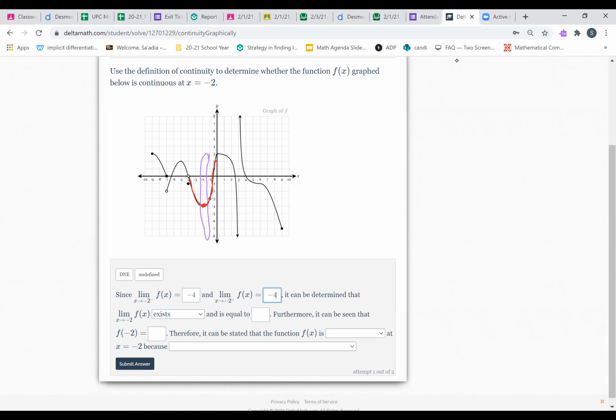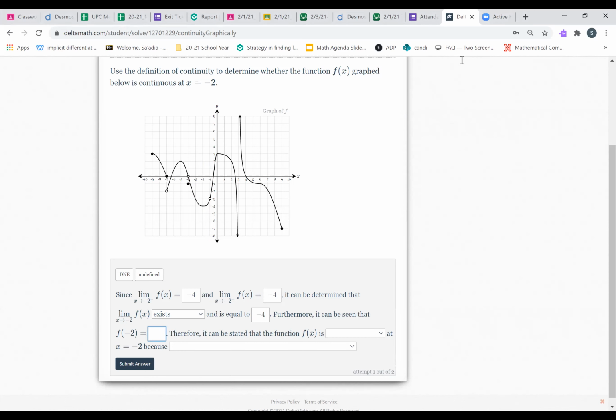Since the left and the right limits are equal, we know the limit is going to exist and be equal to the same exact value of -4. And then our y value in -2 is also going to be -4, because if you look at the graph, let me clear all drawings, there is no open circle or anything at -4.